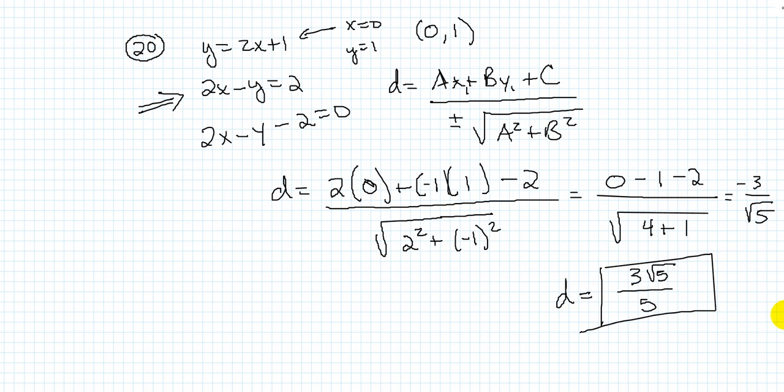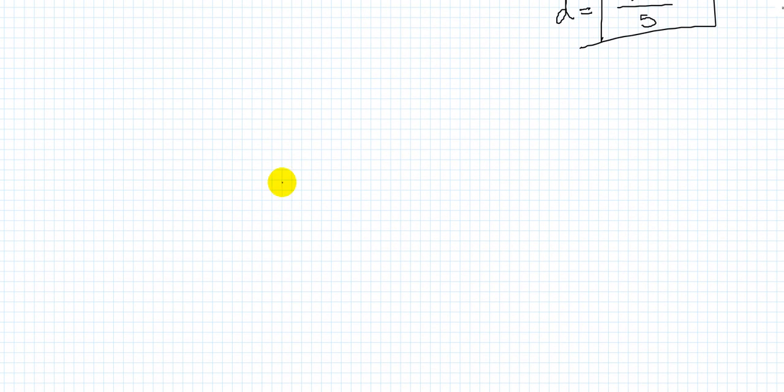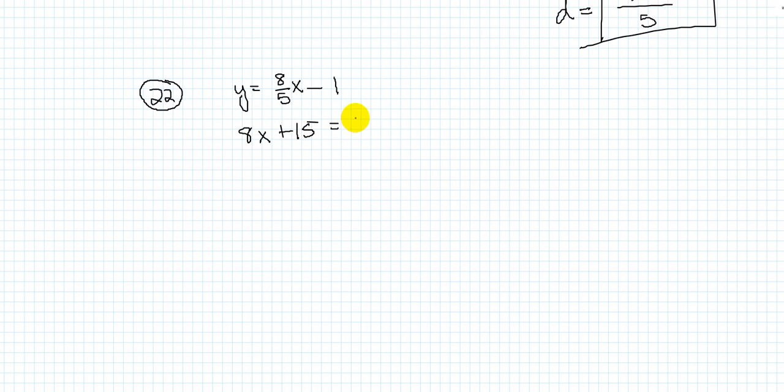Alright, let's keep going. I got 2 more problems to do with you, and then it will be the end. You can go back and work out all the odd questions if there's time in class. So y equals 8/5 x plus, or excuse me, minus 1, and 8x plus 15 equals 5y.